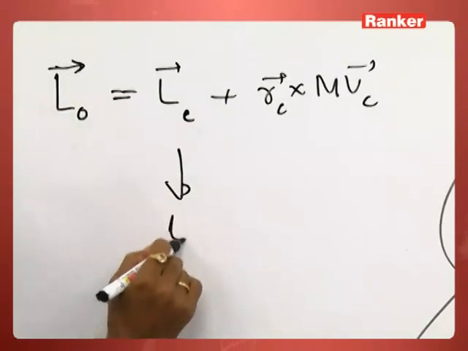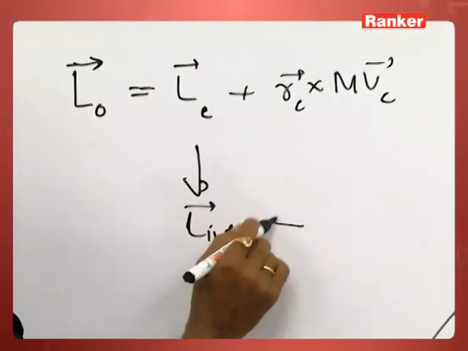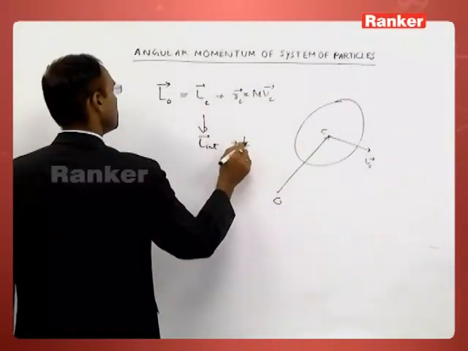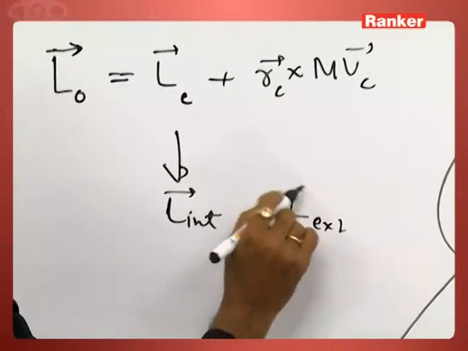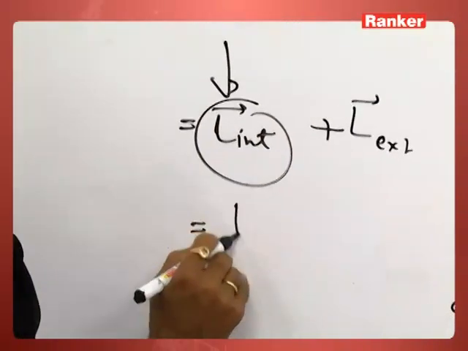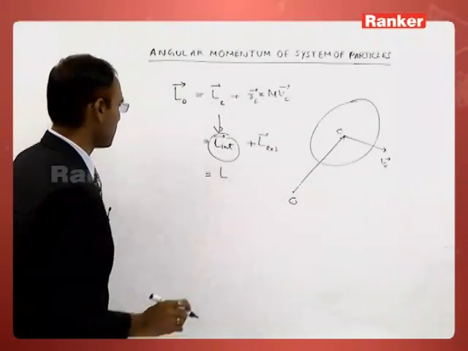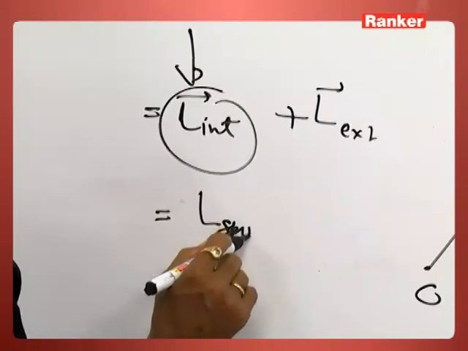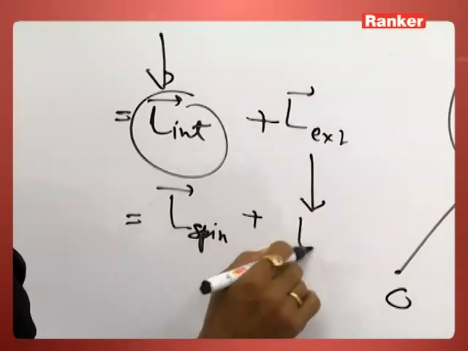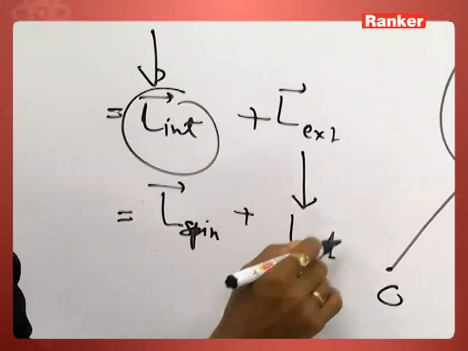This is the internal angular momentum, and we can call it angular momentum spin, and the other we can call angular momentum orbital.